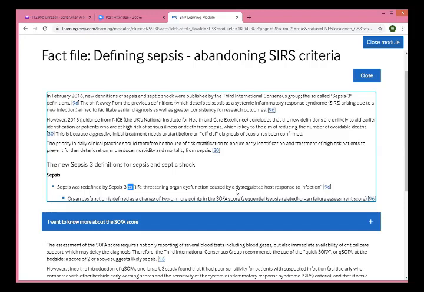So previously we learned that it is the SIRS response to the infection which is called sepsis. But we have come out of it now recently. This is quite recent actually, after 2016.